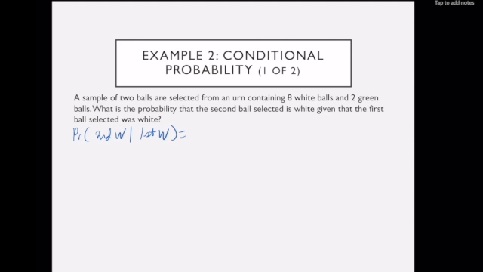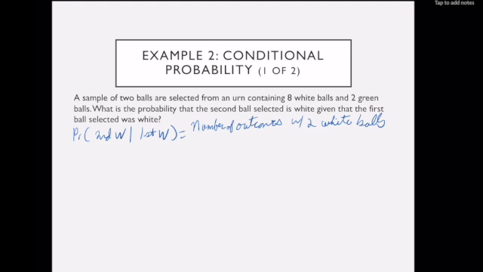So I need to calculate the number of outcomes where both of these events occur. So that'd be the number of outcomes with 2 white balls, right? That would be the intersection.